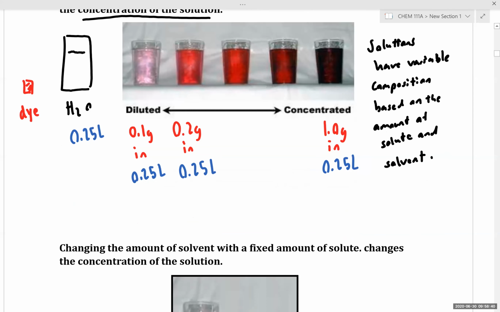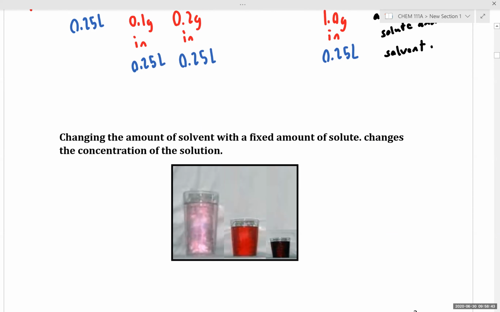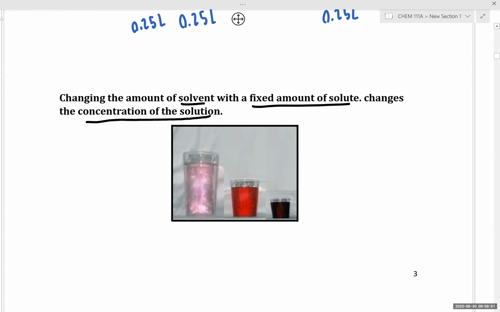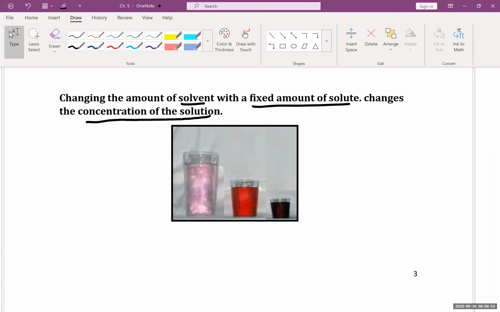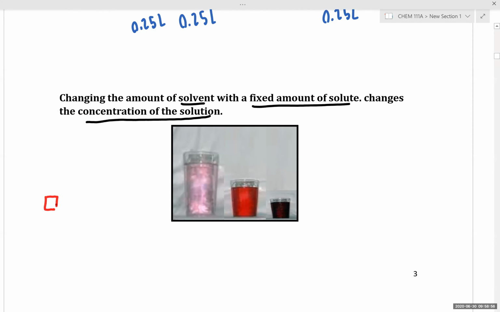Now, we can also change the amount of solvent. So if you change the amount of solvent with a fixed amount of solute, you observe a change in the concentration of the solution. So let's suppose in this example, we have a fixed solute mass. So to each of these solutions, we're going to add 0.5 grams of our dye. Just an arbitrary number.